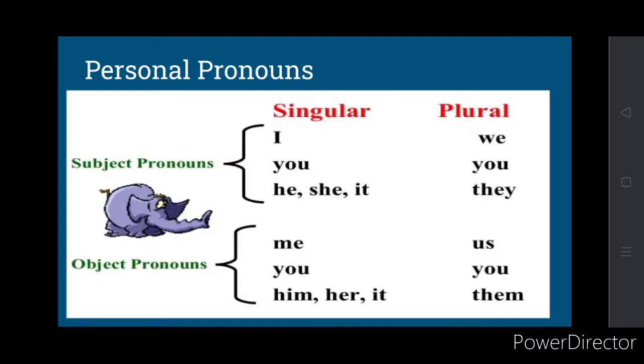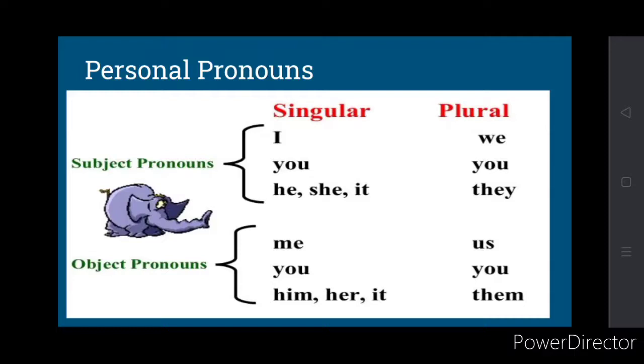When we are referring to the subject of the sentence, we use I, you, he, she, it, or in plural form we, you, they. But when we are referring to the object in the sentence, we use me, you, him, her in the singular form, and in the plural form, we use us, you, them, etc. For example, take the sentence: you must tell me what you think.